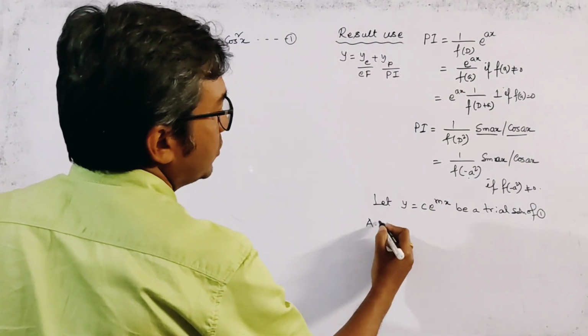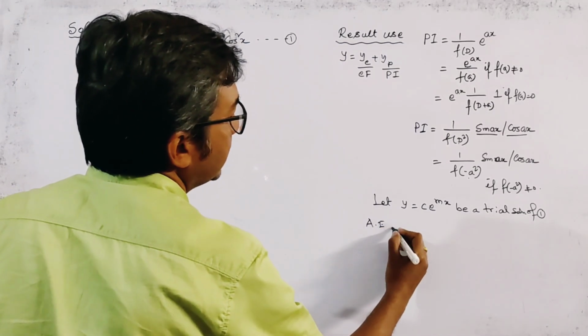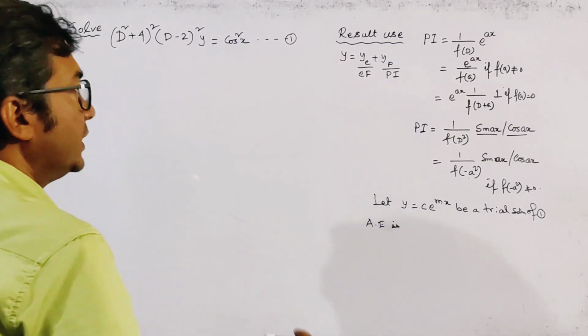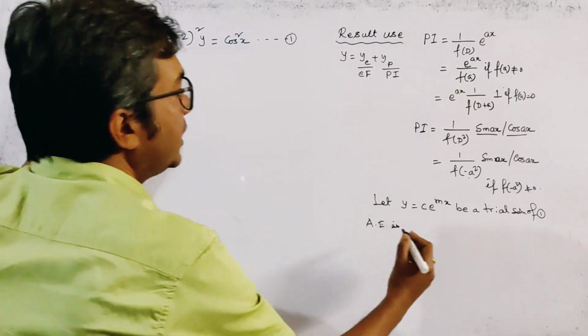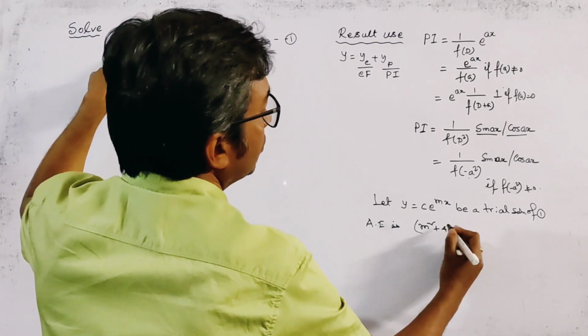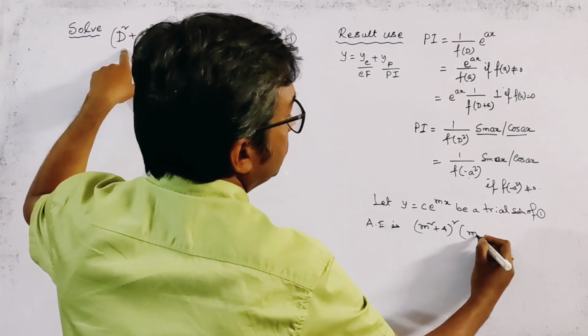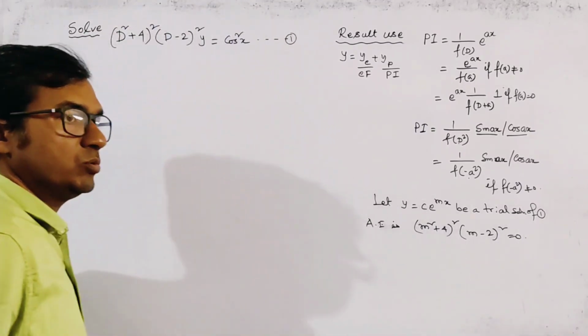Then the auxiliary equation is given by, here we put m in place of d, then we get the auxiliary equation: m square plus 4 whole square into m minus 2 whole square equal to 0.